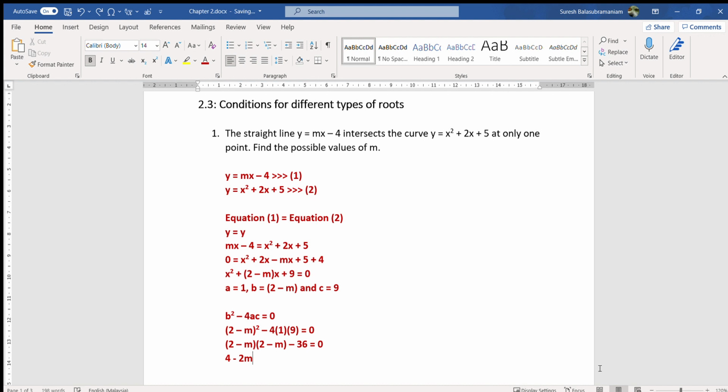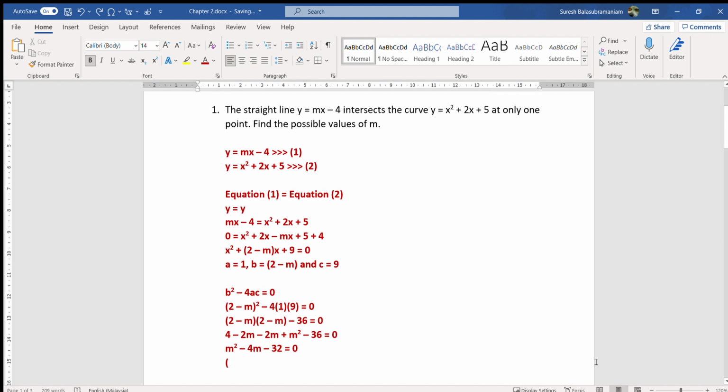Expand this: 4 minus 2m minus 2m plus m squared minus 36 equals 0. Simplify: m squared minus 4m minus 32 equals 0.